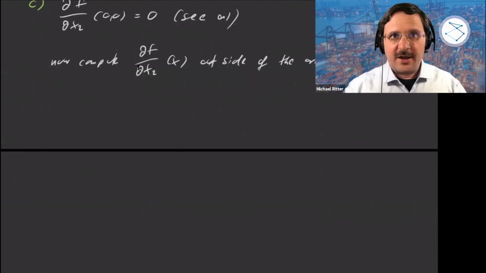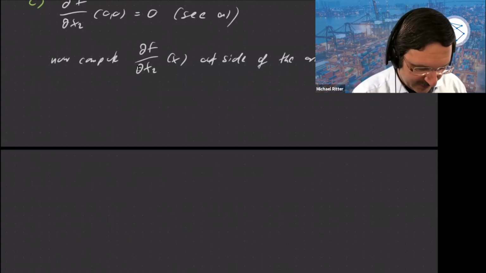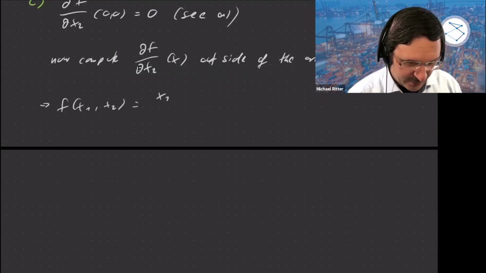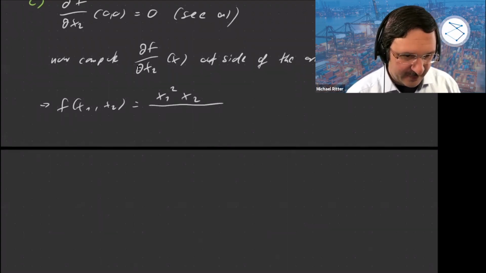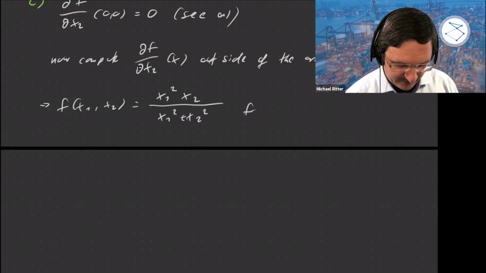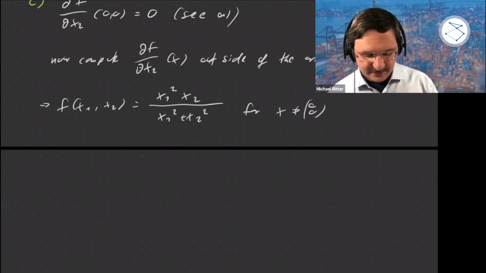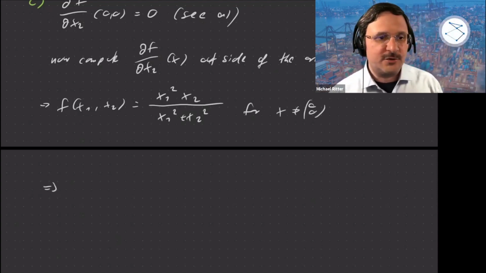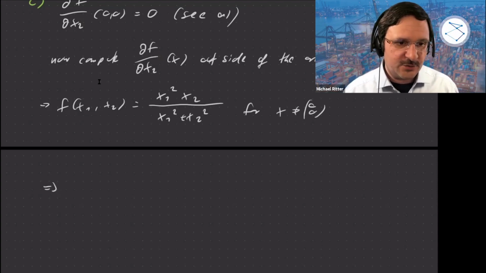Outside of the origin, f is defined as x1 squared x2 divided by x1 squared plus x2 squared for x not equal to (0, 0). And that means we can just use that expression to compute our partial derivative with respect to x2.